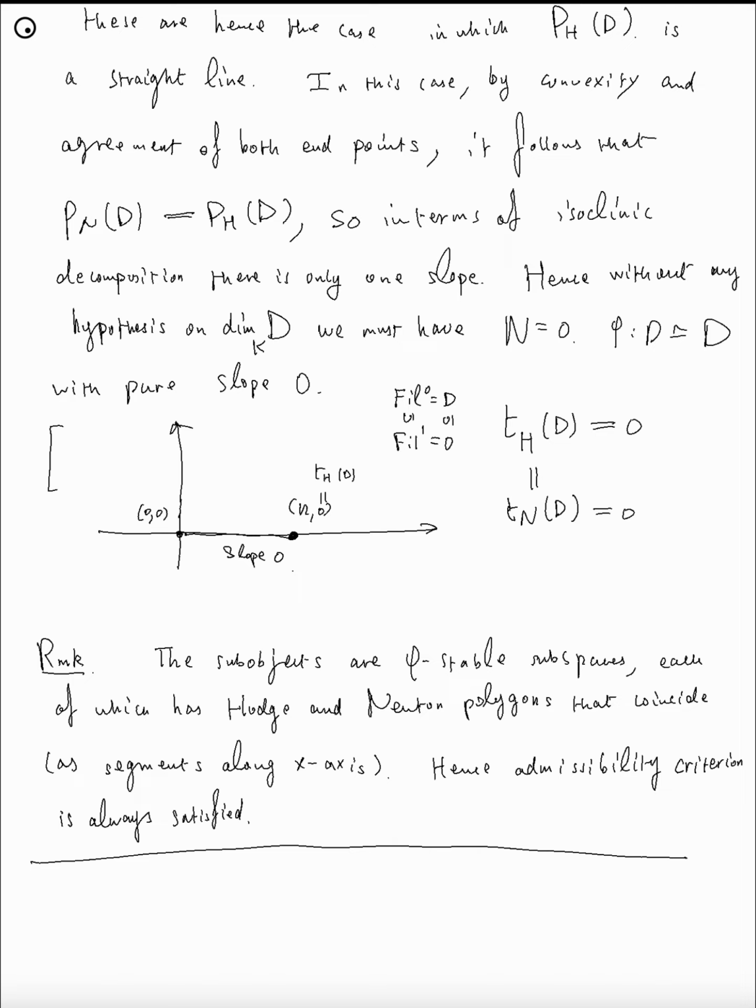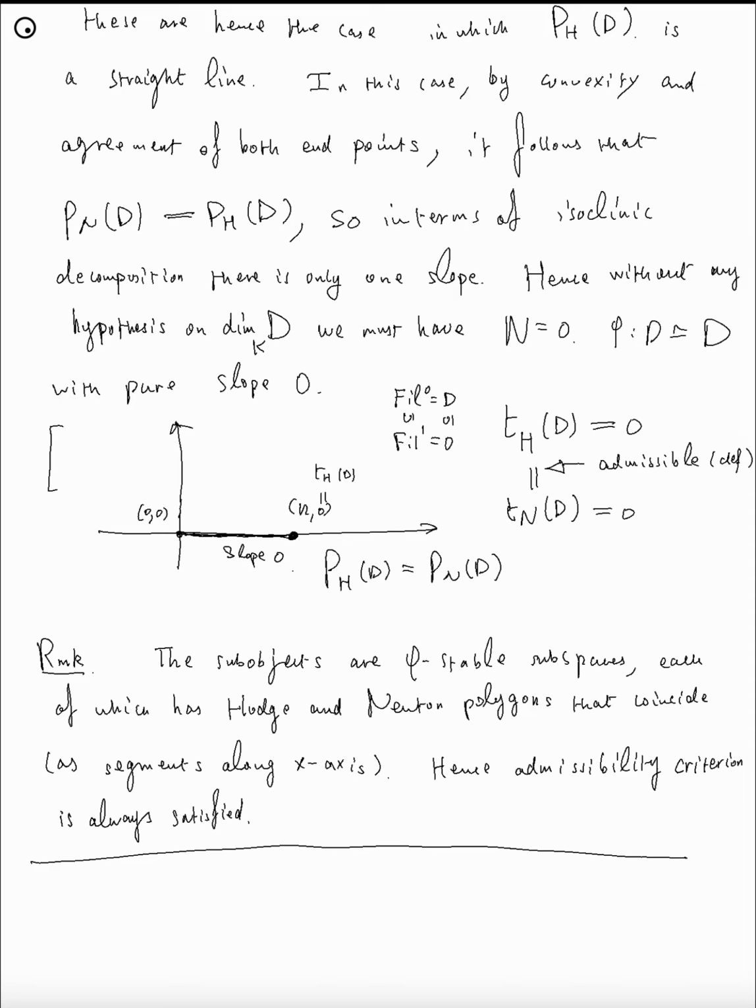And then this forces, for any submodule D prime, the Newton number is always bigger or equal than the Hodge number because it's always 0 by the convexity. By the definition of admissible, we have this identity, and then the Hodge polygon and Newton polygon coincide.